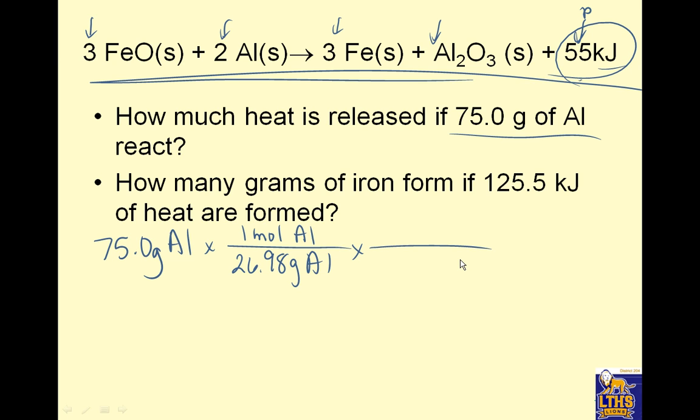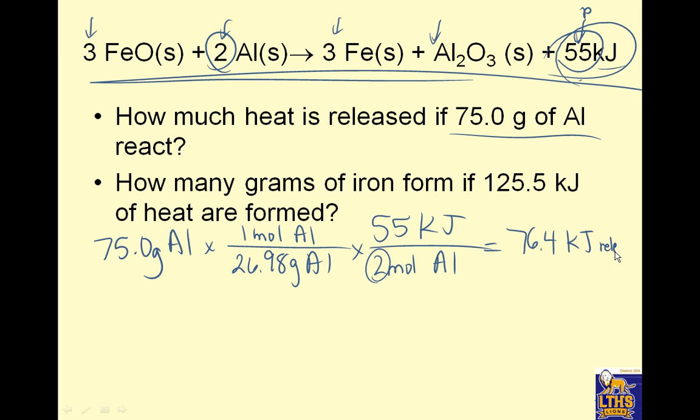So if I want to know how much heat is given off, I say, well, for every 2 moles of aluminum, because that's the coefficient, 2, there's 55 kilojoules of heat produced. So then I would do the math, 75 divided by that times that divided by that, 76.4 kilojoules of heat is released if I react 75 grams of aluminum.